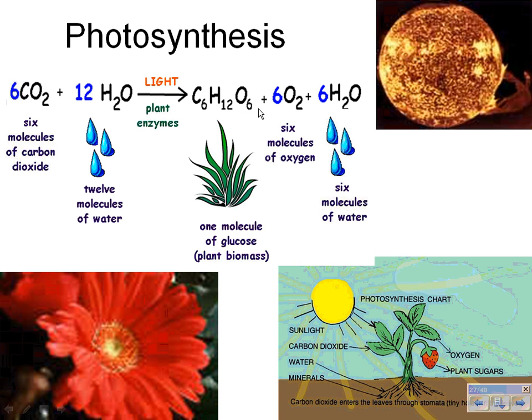Plus our 6 molecules of oxygen and our 6 molecules of water. By looking at this equation, you could tell me that trees and plants are carbon sinks. You see that the carbon dioxide is a reactant here. And they're important because they provide us with oxygen, which is needed in cell respiration.